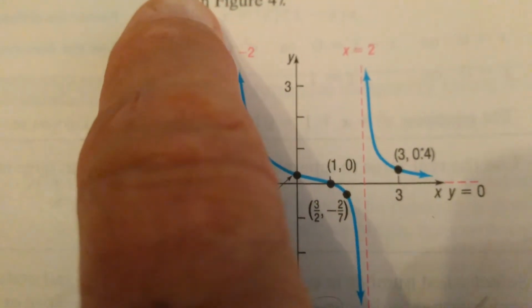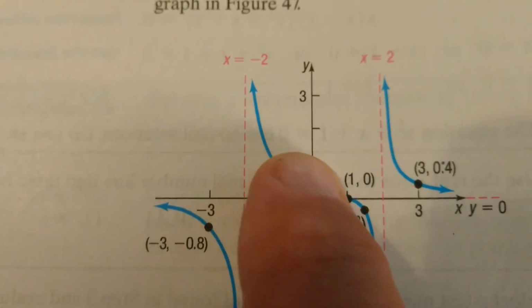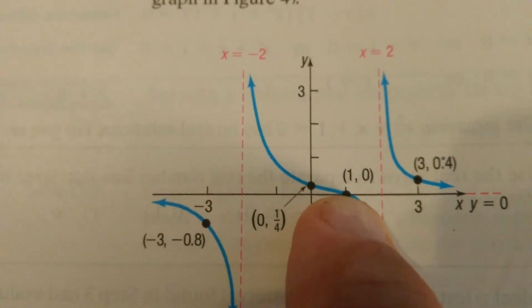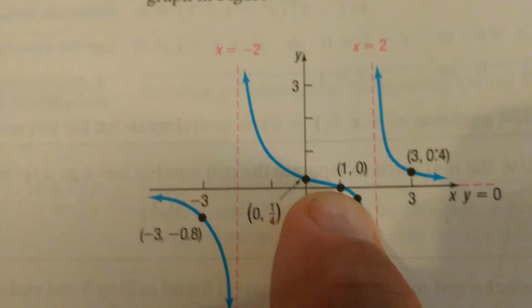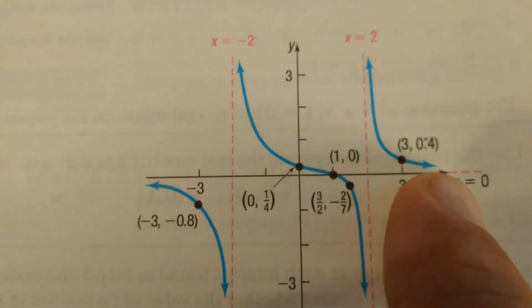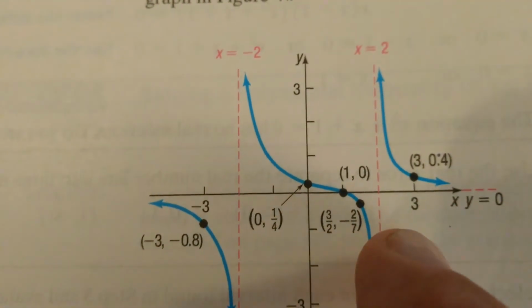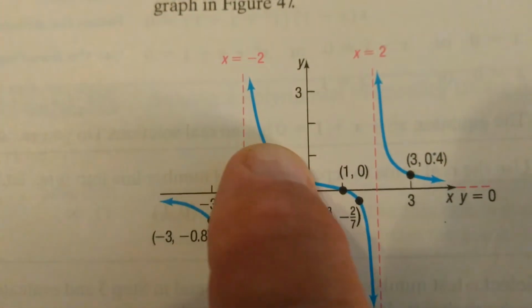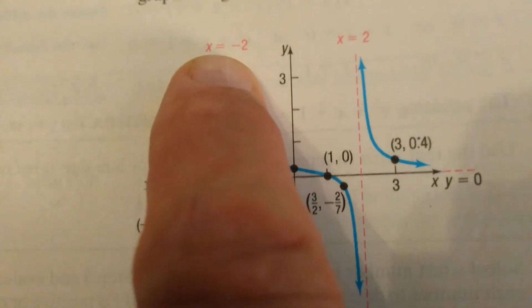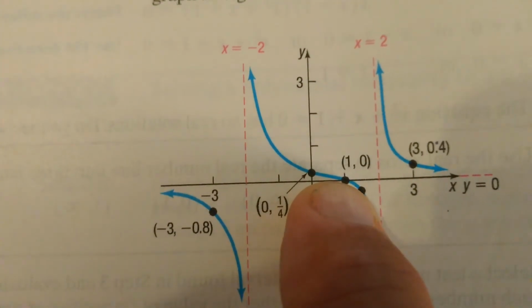Here we're coming from negative infinity and going to 1, 0. So this would be parentheses, negative infinity, comma, bracket 1.